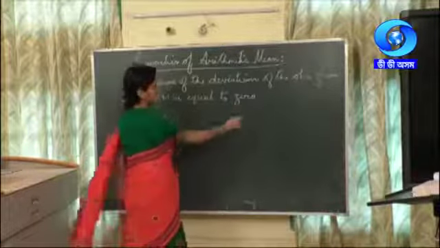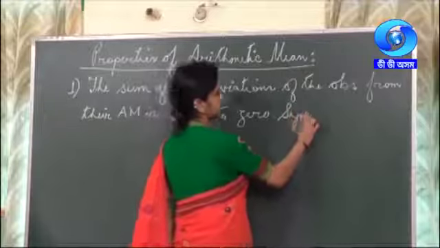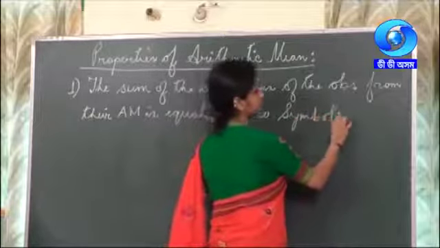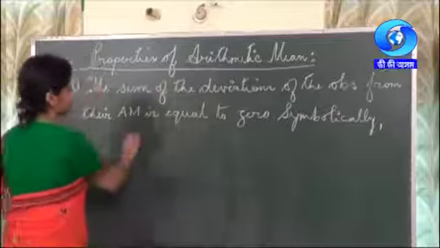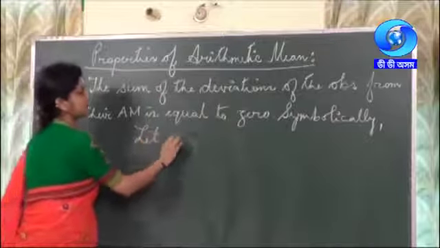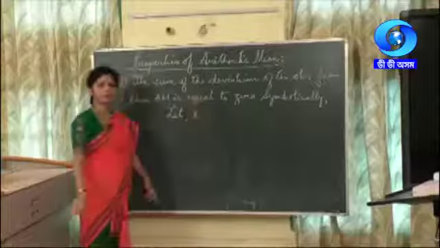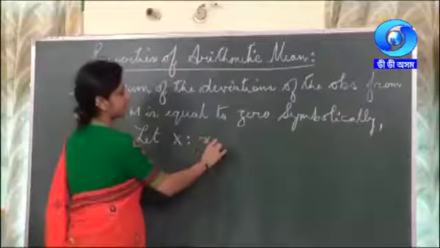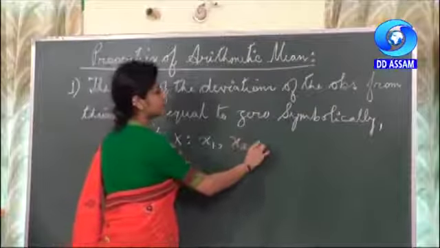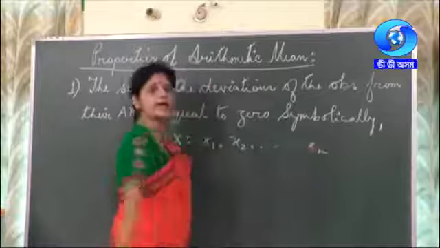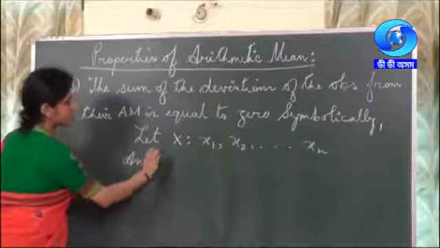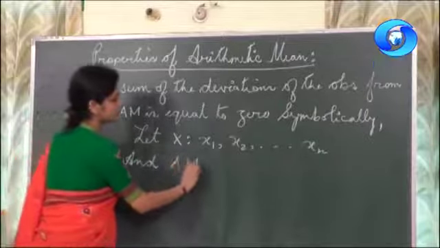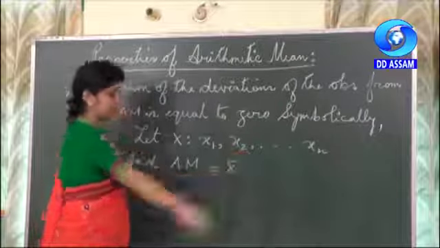So symbolically, we can write it as, supposing we have a variable x which takes values x1, x2, etc. up to xn, and let, as we all know, the arithmetic mean be denoted by x bar.